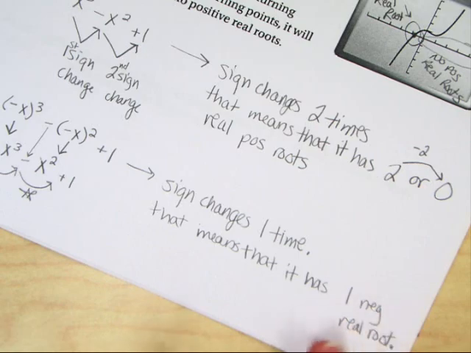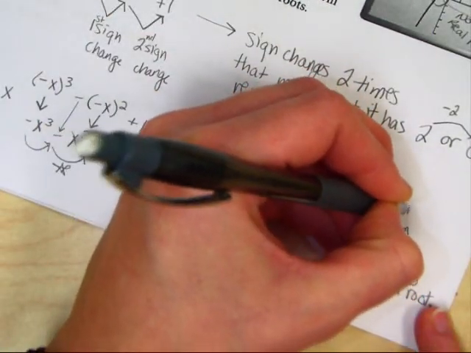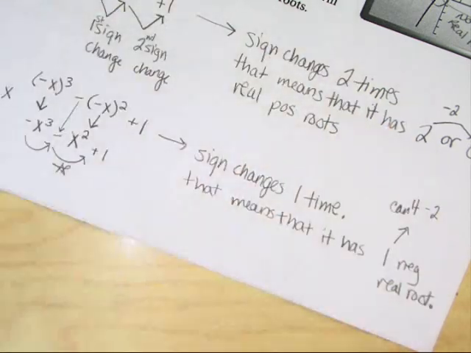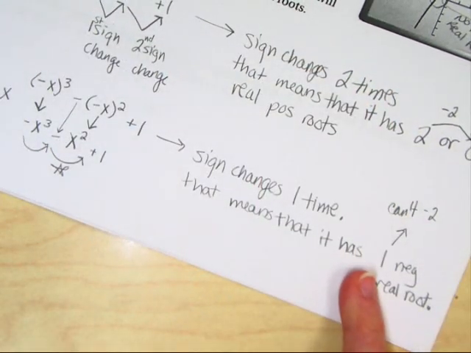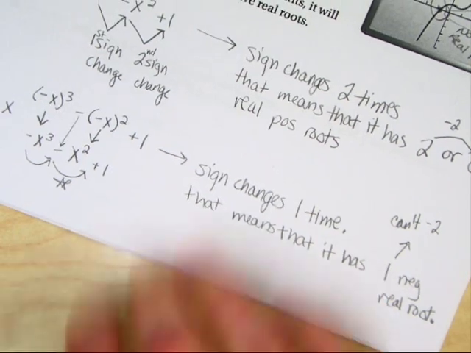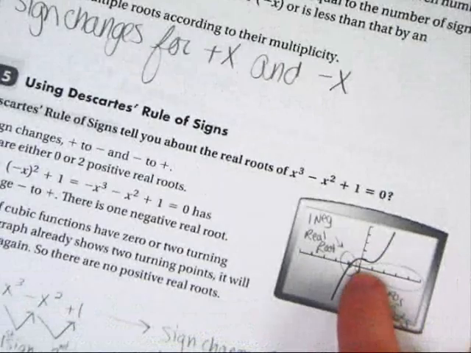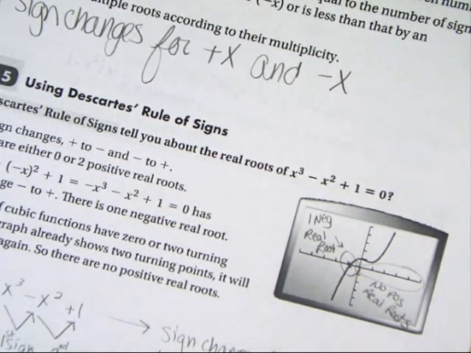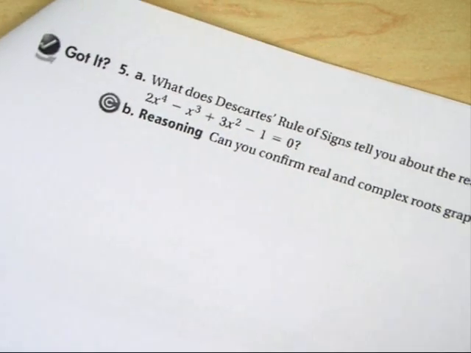Now, if I were to back off 2, I'm going to write that on there. You can't minus 2 because it would be negative. So that means it absolutely has to have 1 negative real root. Now, if you look here, that did happen, didn't it? We had 1 negative real root that went through our x-axis. We'll do the next one together in class. If you want to give it a good start to try to count them up, go ahead and do so.